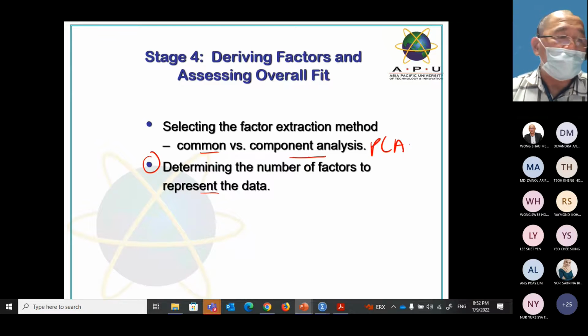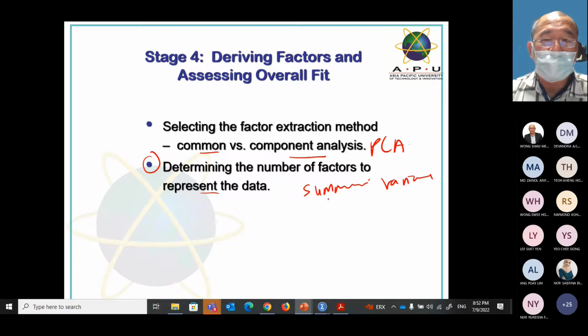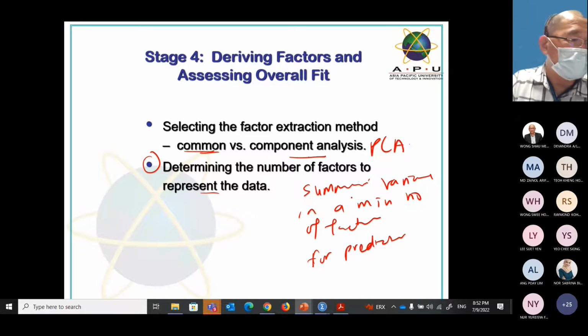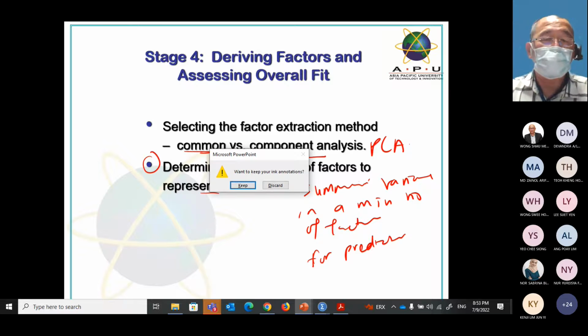Component analysis summarizes the variance in a minimum number of factors for prediction purposes. For common factor analysis, they find the common dimension or common variance. That's the difference between these two.